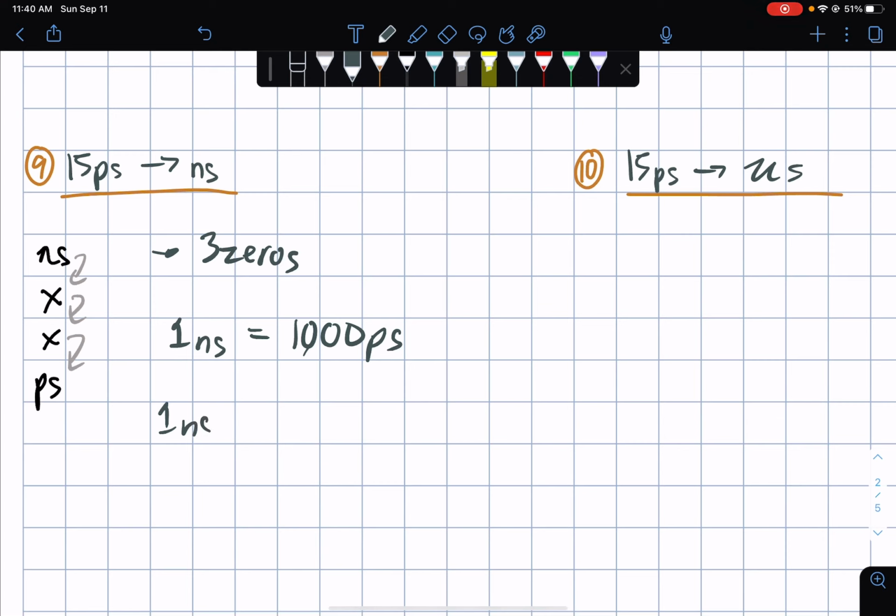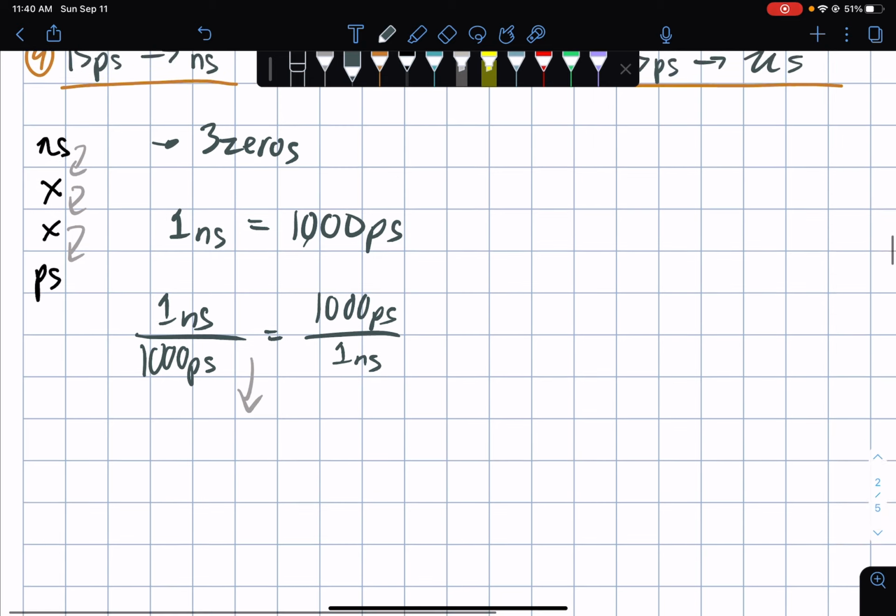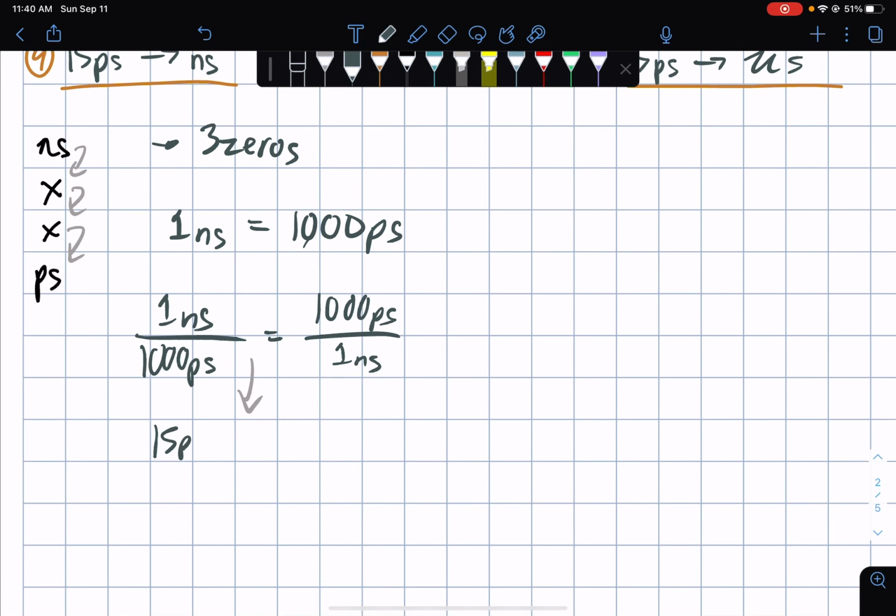With that in mind, we turn them into fractions. Upon substituting the values, we get 15 picoseconds over 1 times 1 ns over 1000 ps.